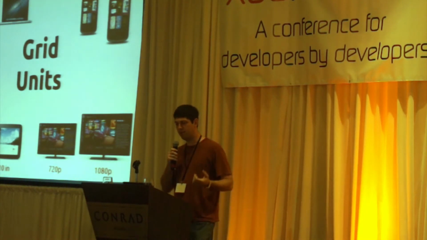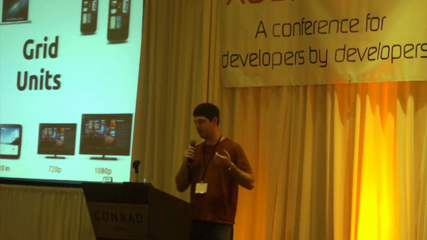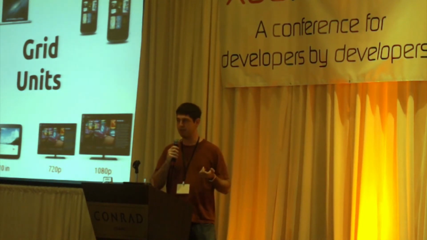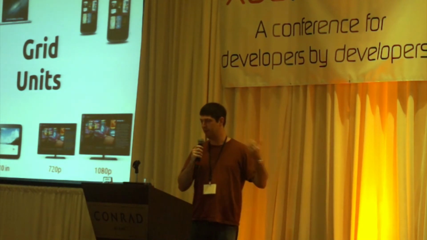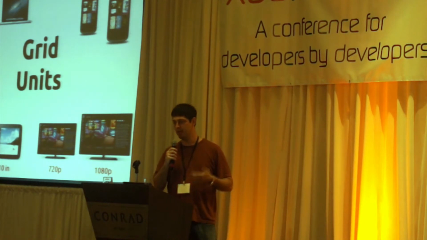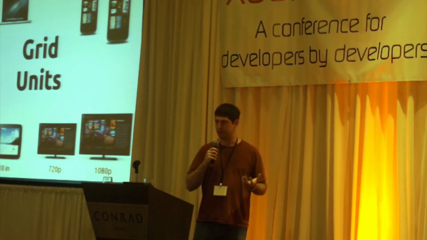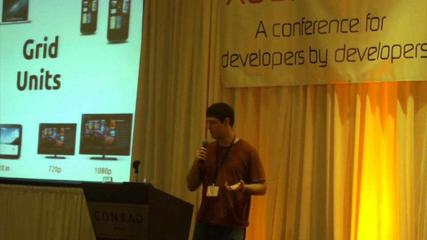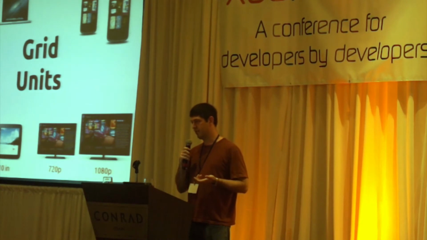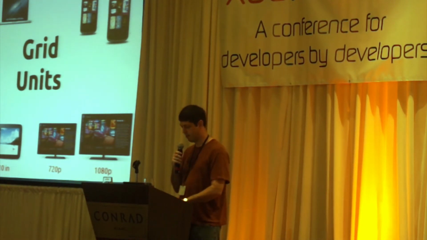So you can say you want your button to be 10 grid units wide, and 10 grid units is the right size for a button on a phone, and it's the right size for a button on the desktop, and it's the right size for a button on the TV, even if it's going to be different sizes for each of them. So when you're writing your app, instead of measuring components in terms of pixels or inches or millimeters, you do it in terms of these grid units, and then it'll automatically adjust that depending on where your app is being run.